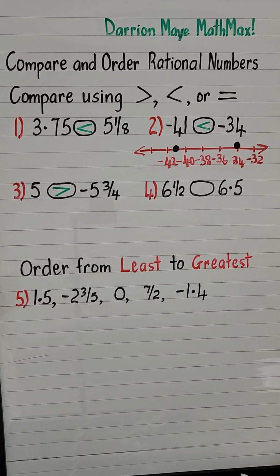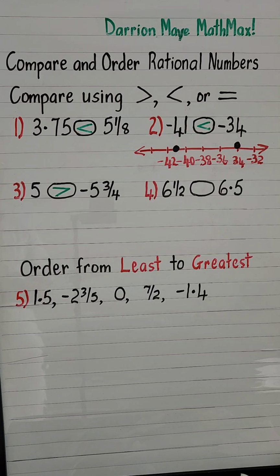Next, compare 6.5 and 6 1/2. And as stated before, we convert them to the same form, either fraction or decimal. So let's do fraction. So we're going to convert 6.5 to a fraction.